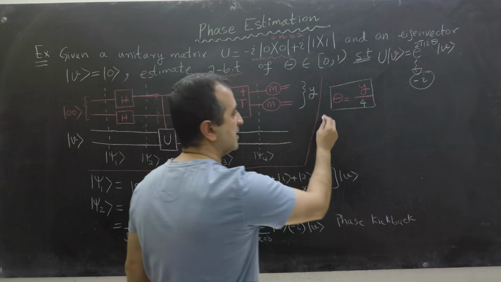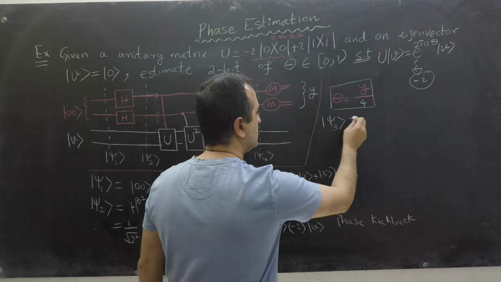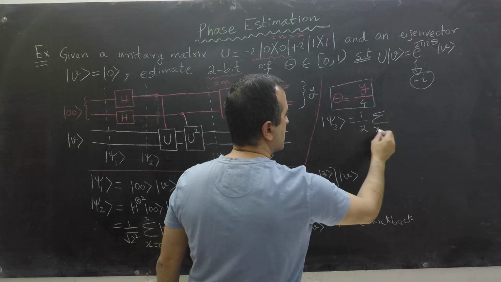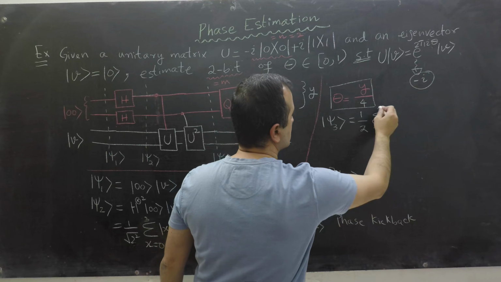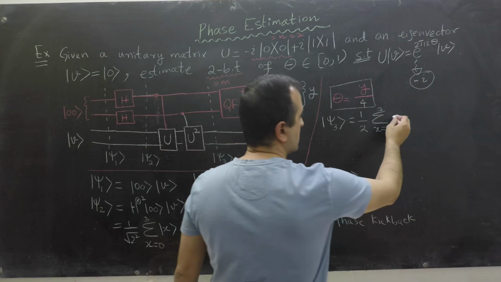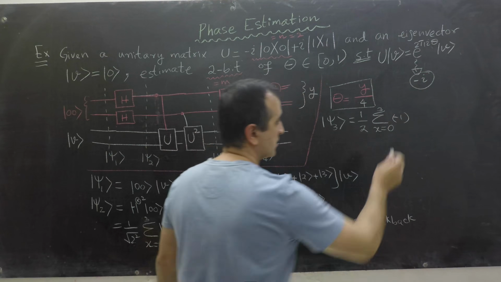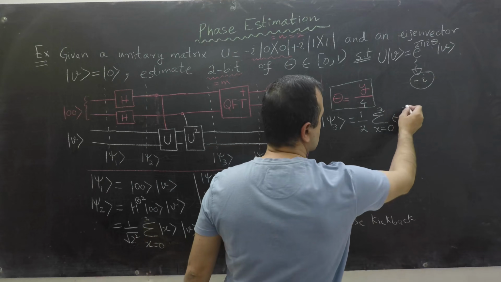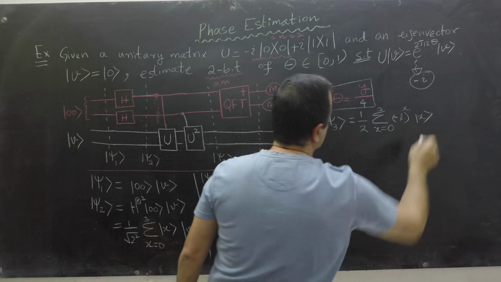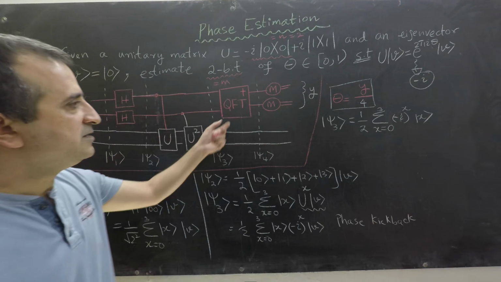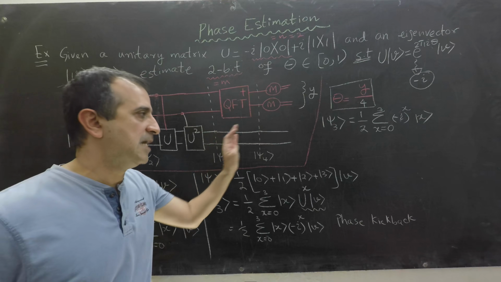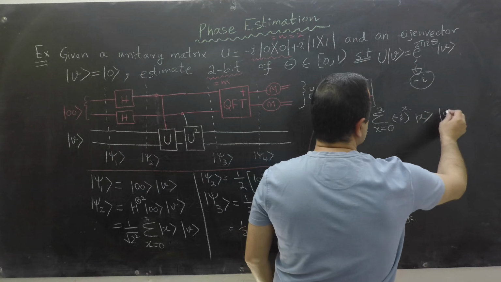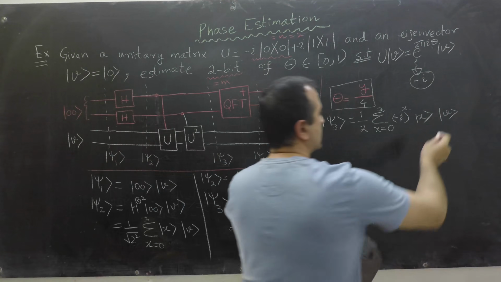So therefore my |ψ3⟩ will become 1/2, summation x from 0 to 3, (minus i) raised to power x, |x⟩. Because we are only measuring our first register, not using the second register anymore from this point, I don't have to write the second register now. So I'm not writing the second register anymore.